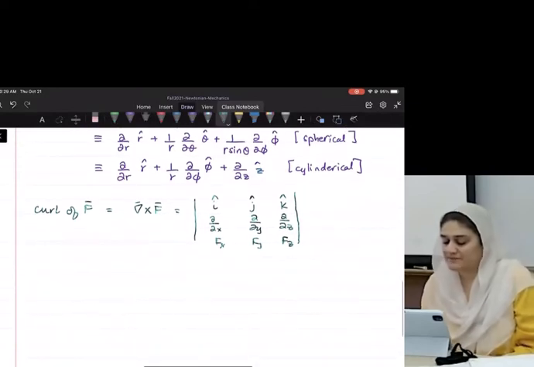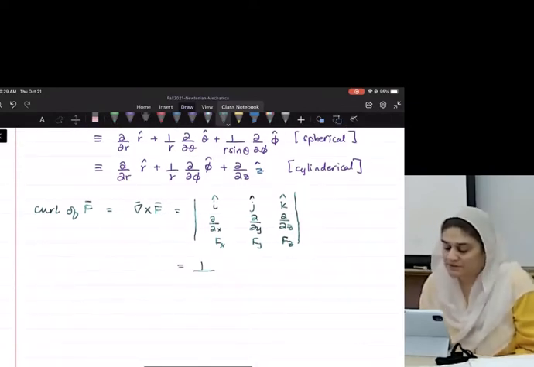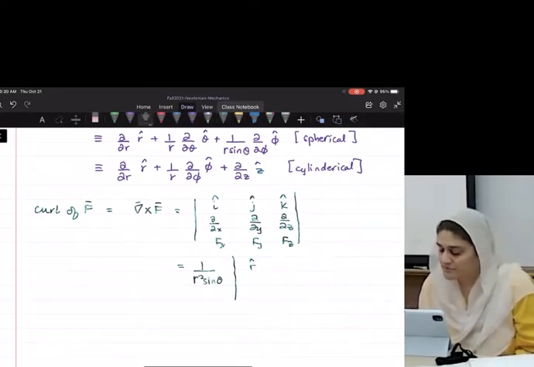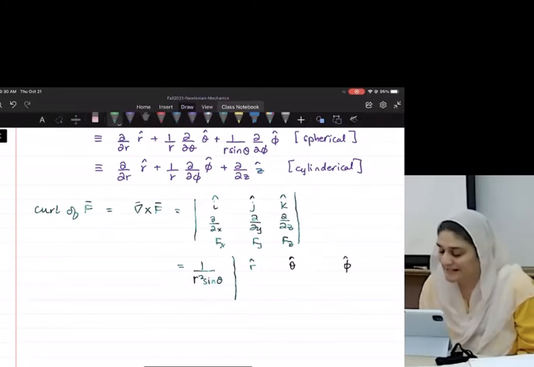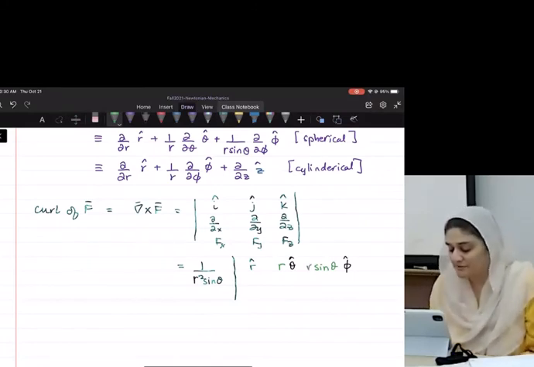Redefining them in spherical. This is 1 over r squared sine theta. So this would be r, theta, and phi. I'm writing them far away because I need to add things to it. Remember to add this to it. Do you remember when we were talking about the spherical coordinates?